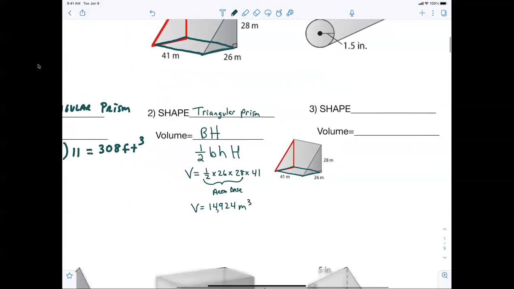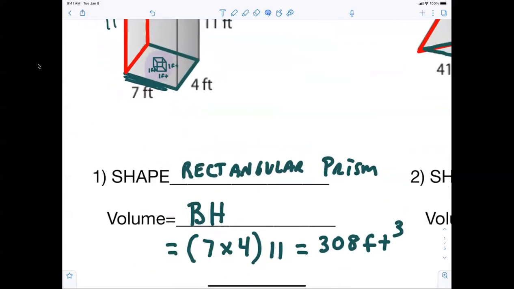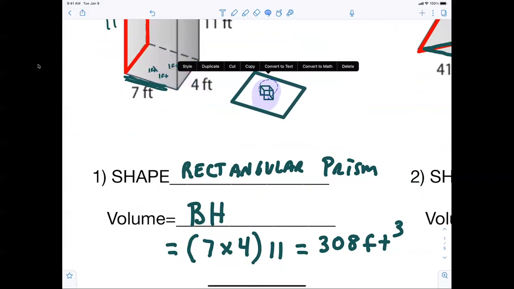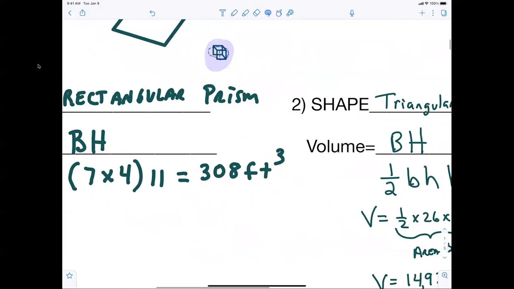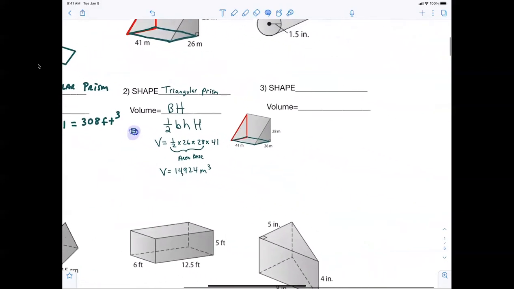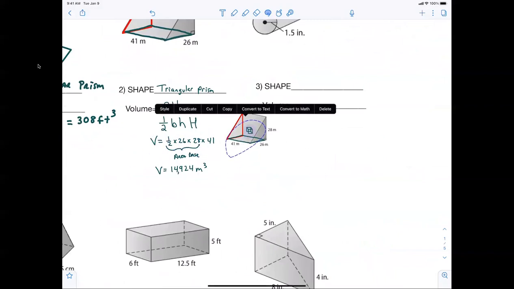So if we were looking at this, I'm going to go back to my box here. How many of these cubes can fit into this shape is what they're asking. Is everybody with me? There are 14,924. Everybody good? Yes.